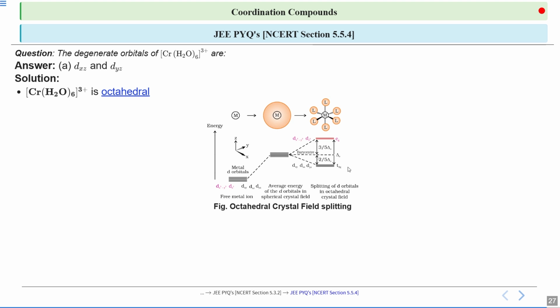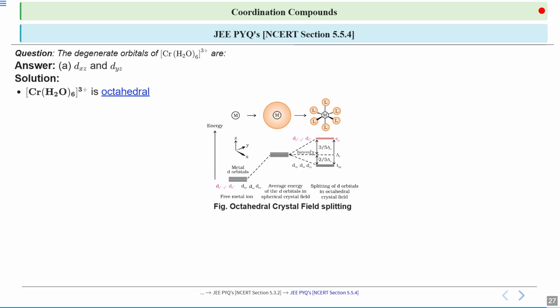The lower energy level is t2g, having dxy, dxz and dyz d orbitals. Delta naught here represents the total energy splitting these 2 energy levels into the higher and the lower states.